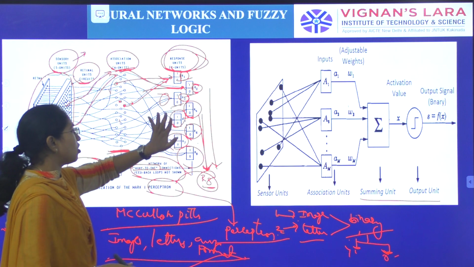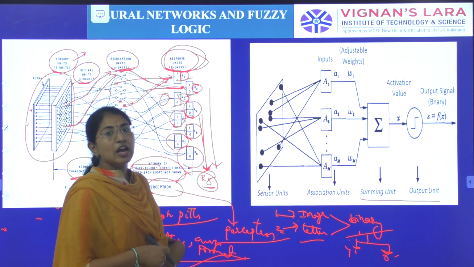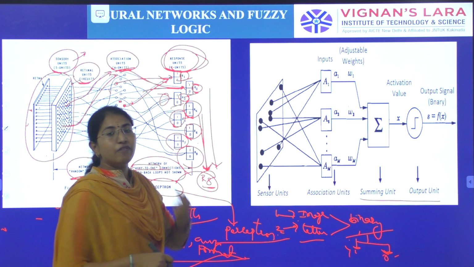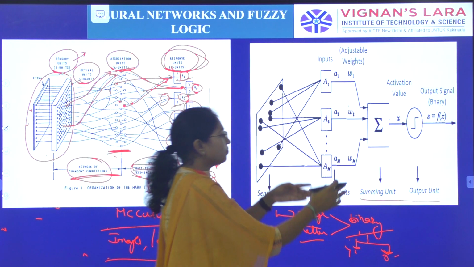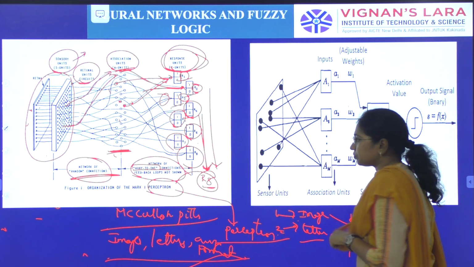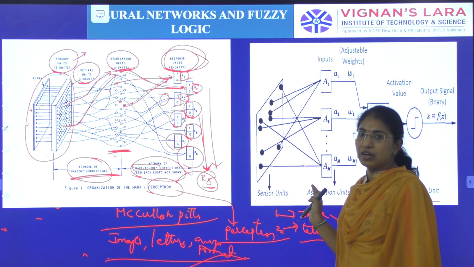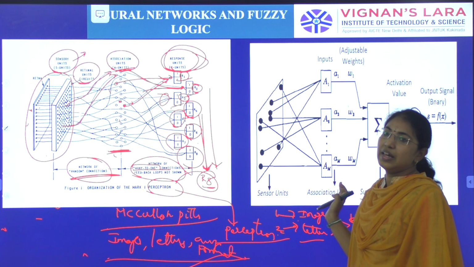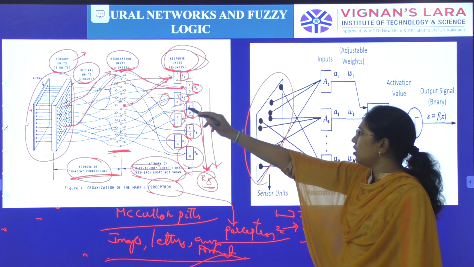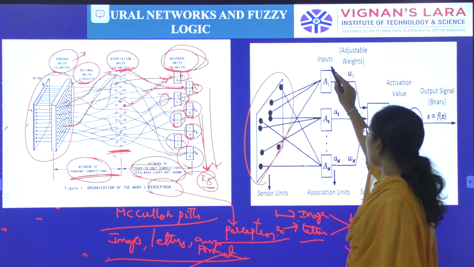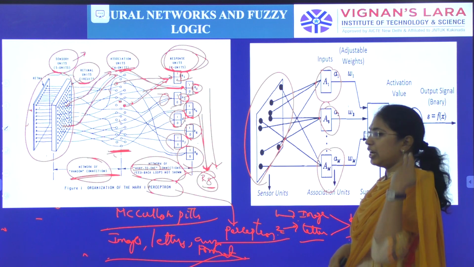Within the response units, we are going to convert that into a binary format of ones and zeros, and then the process will continue. So this is also the block diagram for the perceptron neural network. It consists of sensory units, where a huge amount of data is fed to association units.